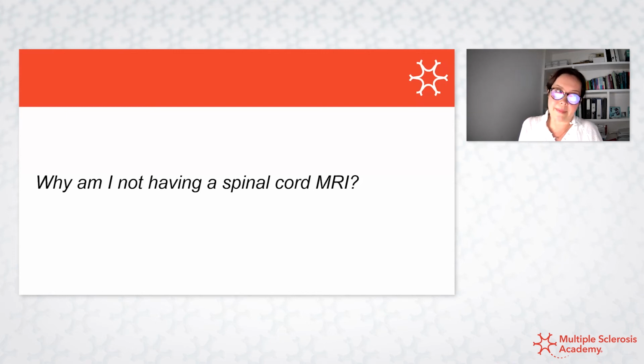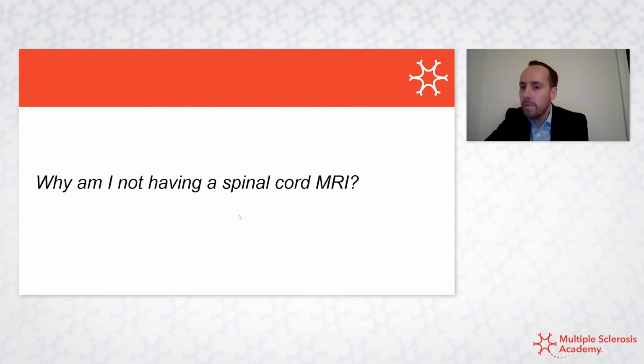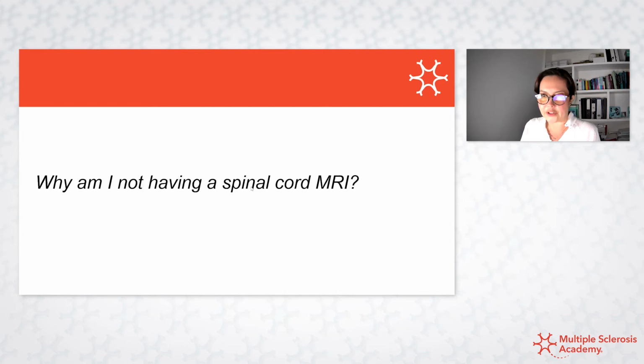And they recommend thinking about imaging the cord in patients who have a cord syndrome, atypical cord symptoms, and who've got worsening of function that cannot be explained by their brain imaging, so you choose those patients. For me, it's all about being pragmatic and choosing your patients if you can't do cord imaging in all of them.